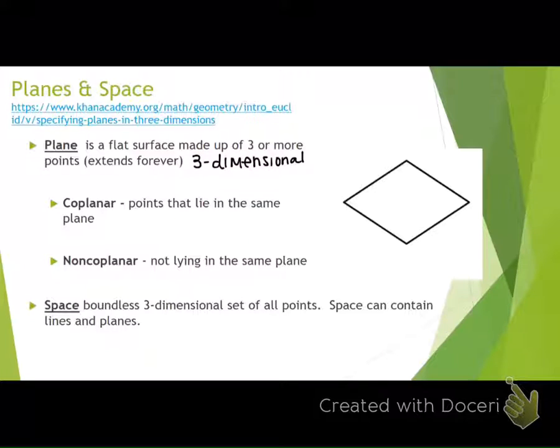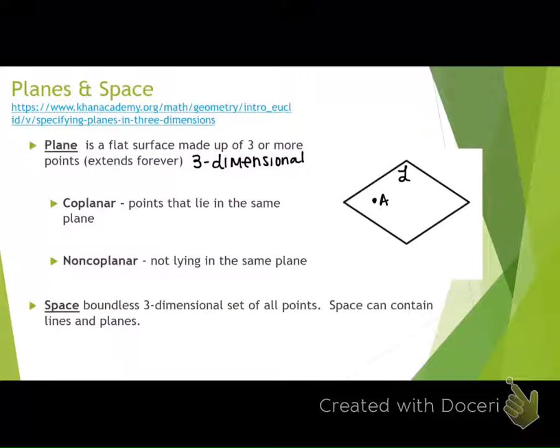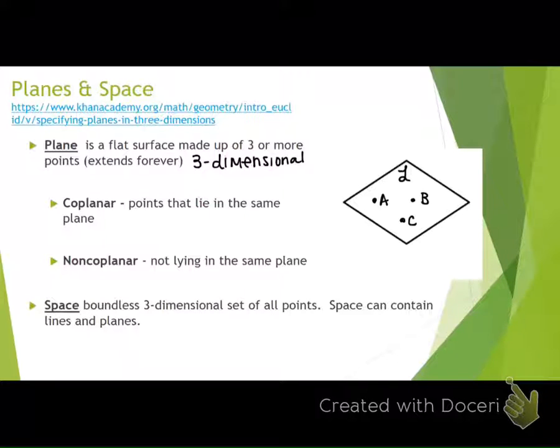So when you go to label a plane, just so you guys realize, let me make this one here. I'm going to make that a capital L. I'm going to give you some points on here. Go ahead and write down what I'm doing here.